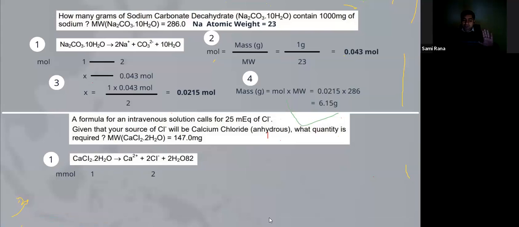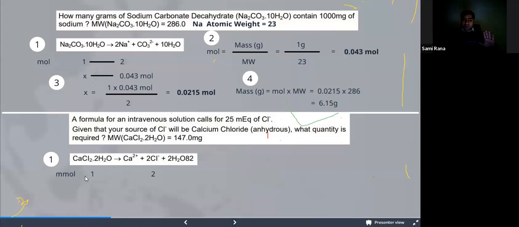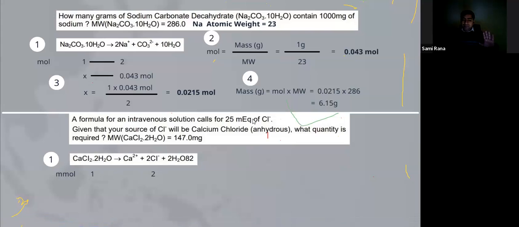This is very simple. Why are we talking about millimoles? Because MEQ is essentially equal to millimole when the valency is 1. So one thing I want to add here, you have to relate back to millimole.